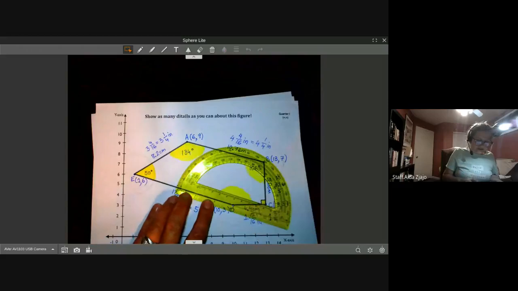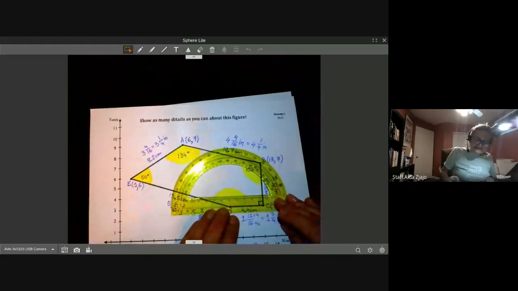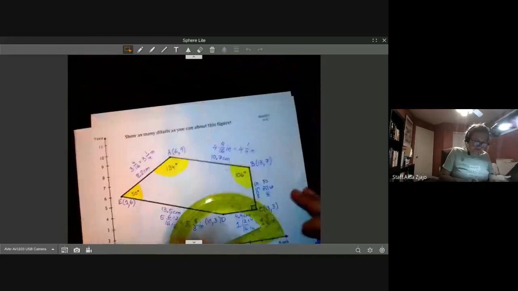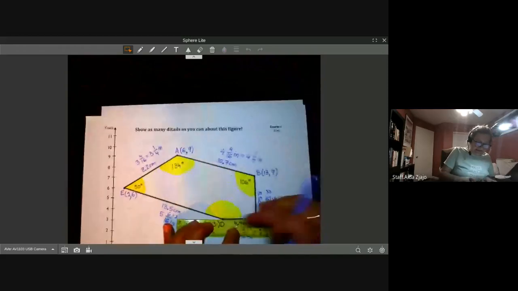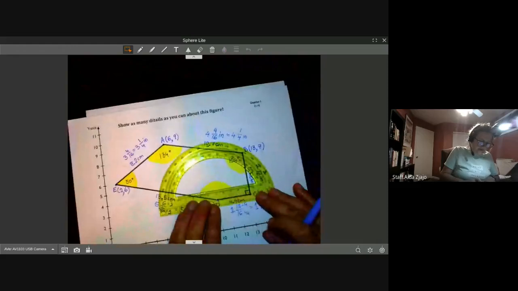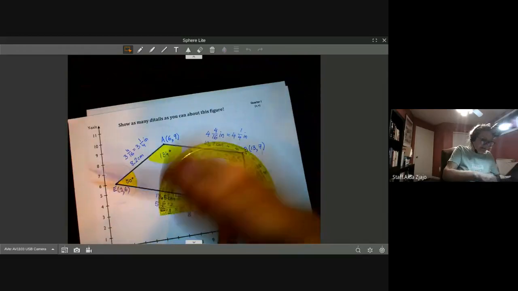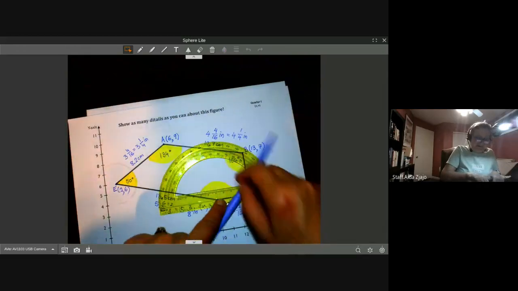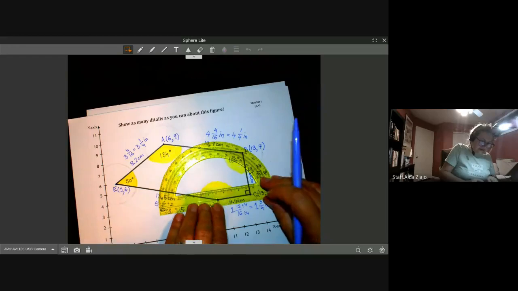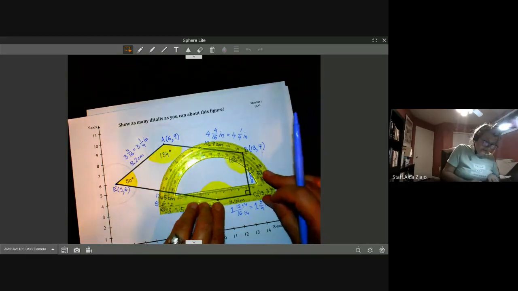So if I cannot see the line, I can extend the line. For example, I can extend this line in order to measure this angle if I wanted to measure it from that side. I forgot to say that angles could be measured on either side. I can measure angle from this side and I can measure angle from the other side.